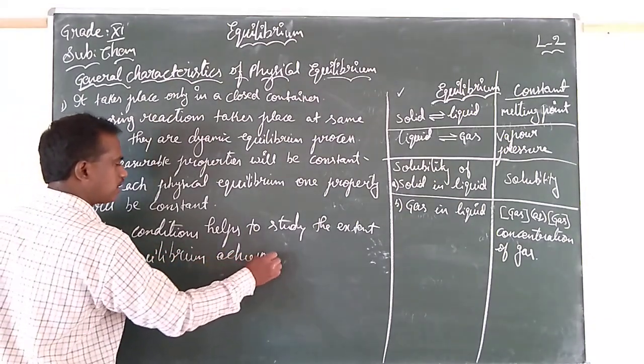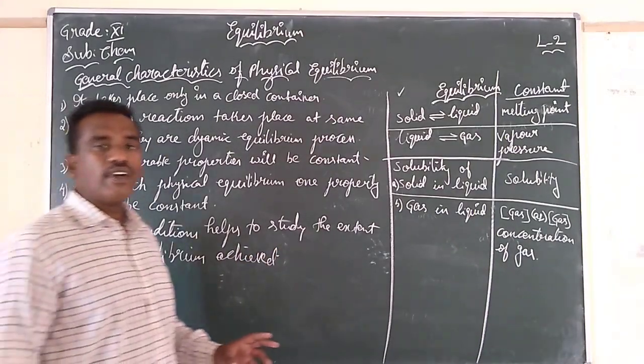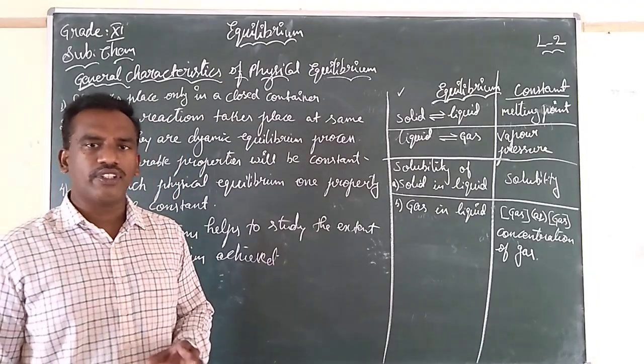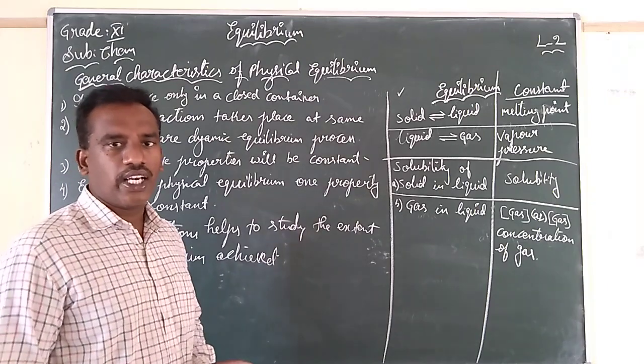What is the last point, children? The above conditions will help to study the extent of equilibrium achieved during the physical equilibrium. So these are the characteristics of the physical equilibrium.